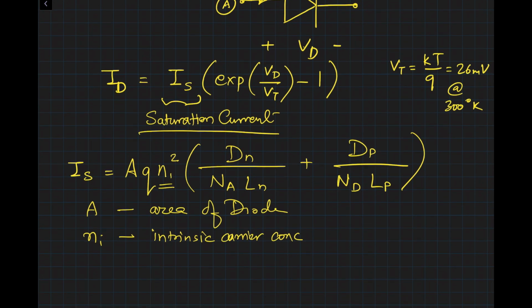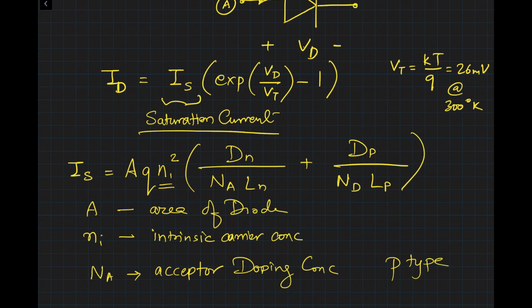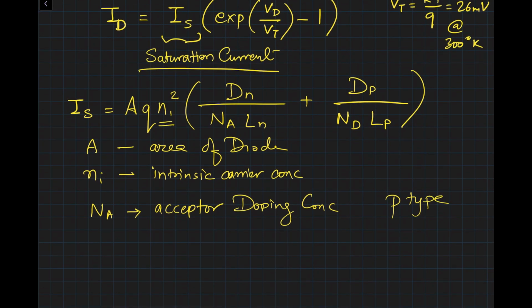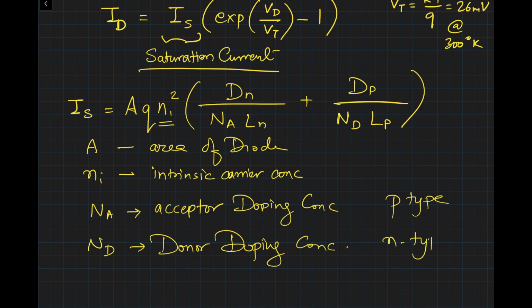Then when we talk about Na, it is acceptor doping concentration. Where does acceptor come into play? In the p-type part of the diode. And Nd would be your donor, and this would happen in the N-type.